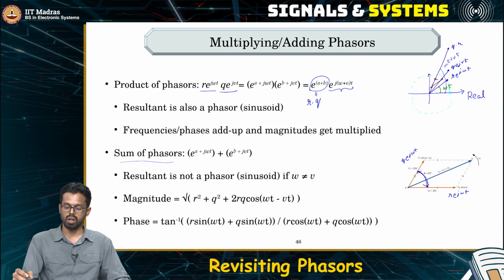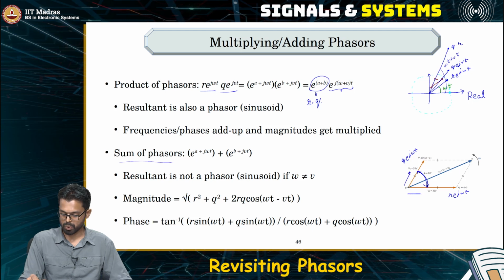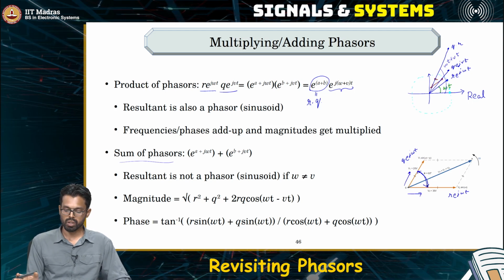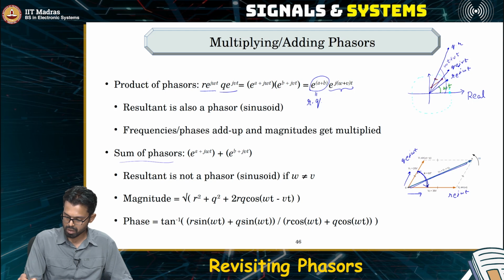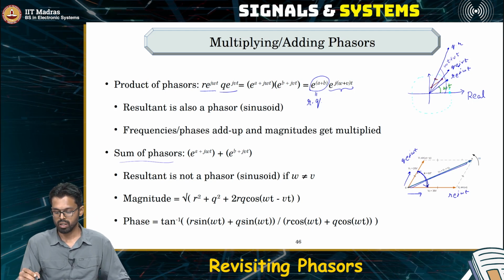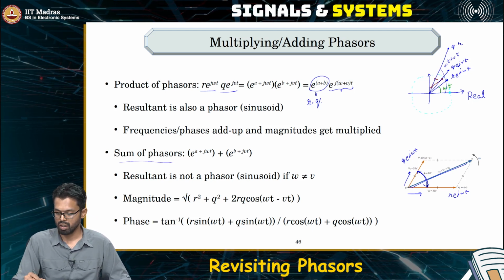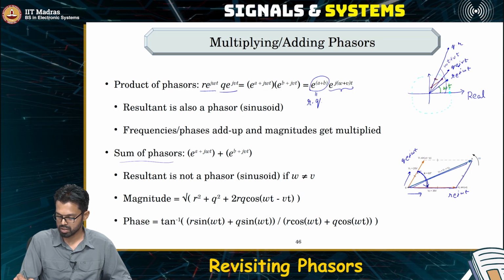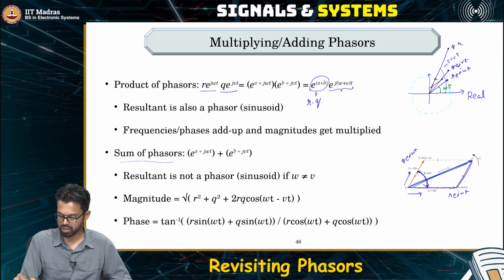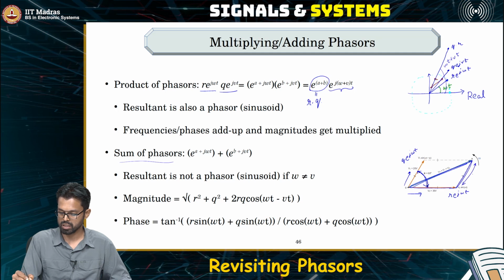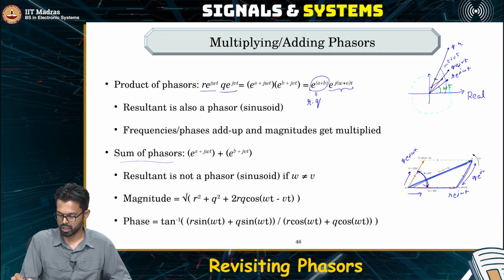So if this is a vector and this is a vector, you compute this by finding the length of the diagonal of this triangle. This triangle has the same length as q e power j omega t.